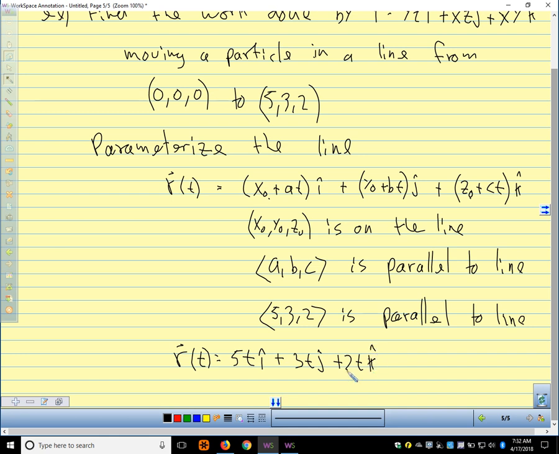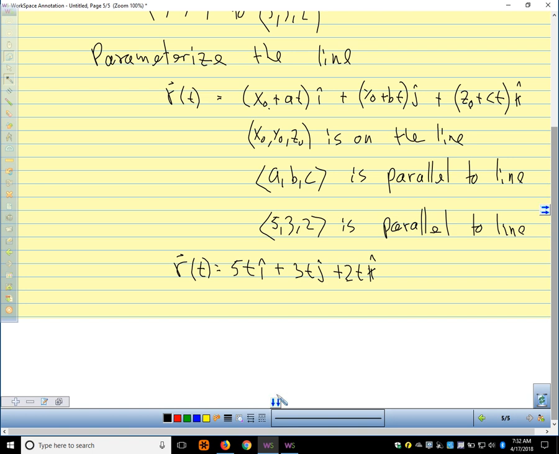What's t going from? t goes from 0 less than or equal to t less than or equal to 1. So then on the line, f becomes 6t squared i hat plus 10t squared j hat plus 15t squared k hat.